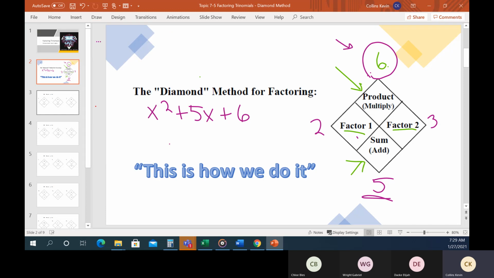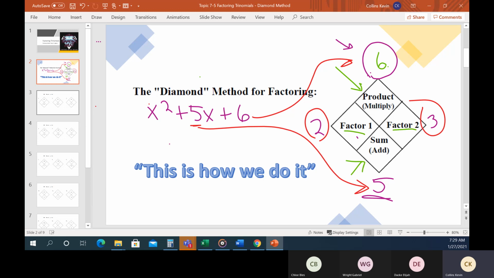All right. So that's this guy. And the number in front of the x, the 5, is going to be that guy. Okay. And then we said the answer to this one is 2 and 3.